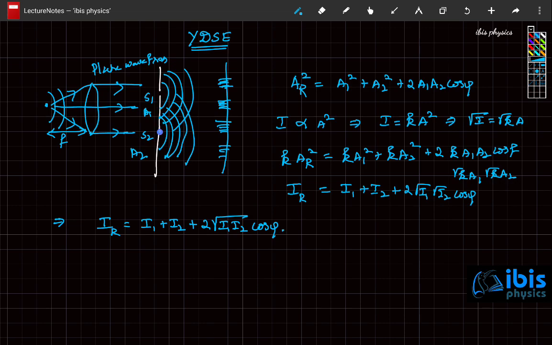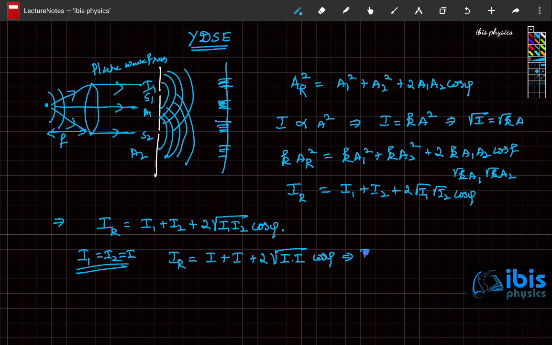When we obtain sources like this, it is called wavefront splitting. From the plane wavefront you are producing two light sources. Because of that, the intensity of the first wave is equal to the intensity of the second wave. So we can say I1 is equal to I2, which let us call I. In such a case, I resultant equals I plus I plus 2 root of I times I cos phi.